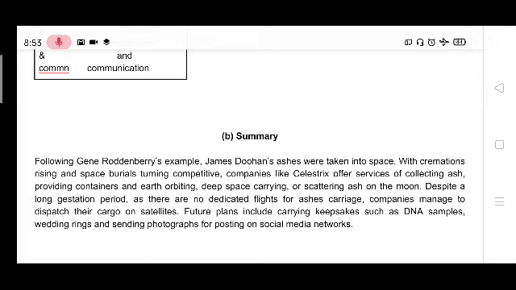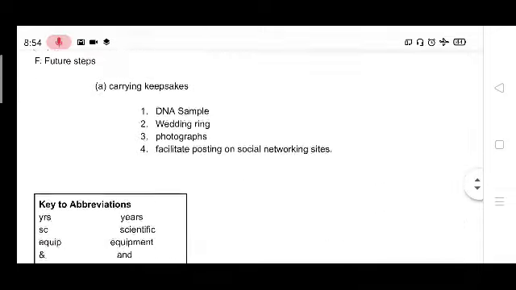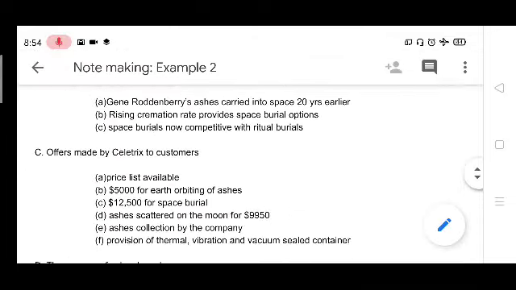Despite a long gestation period, as there are no dedicated flights for ashes carriage, companies manage to dispatch their cargo on satellites. Future plans include carrying keepsakes such as DNA samples, wedding rings, and sending photographs for posting on social media networks. So this is how we have written the summary of these notes.